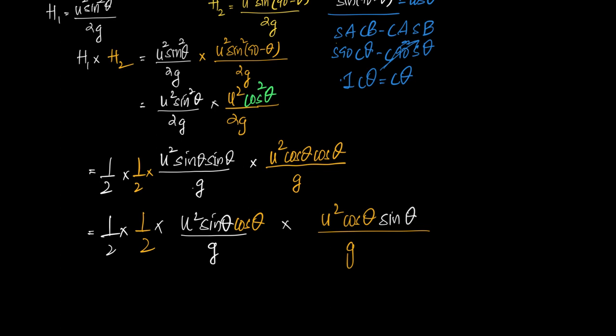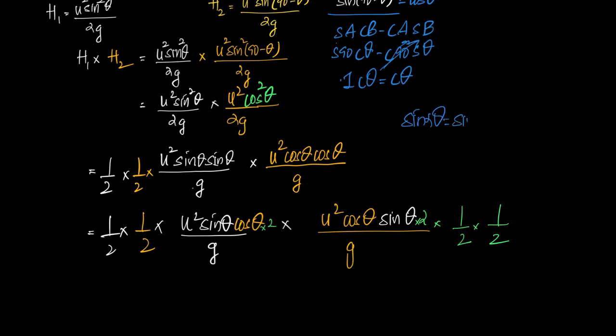Okay. And we'll do one more addition, which is multiplying 2 on the numerator as well as the denominator. Multiplying another 2 on the numerator as well as the denominator.